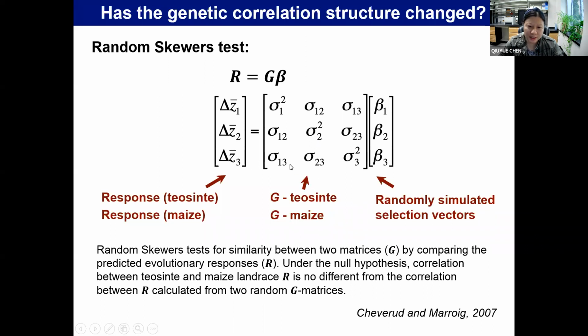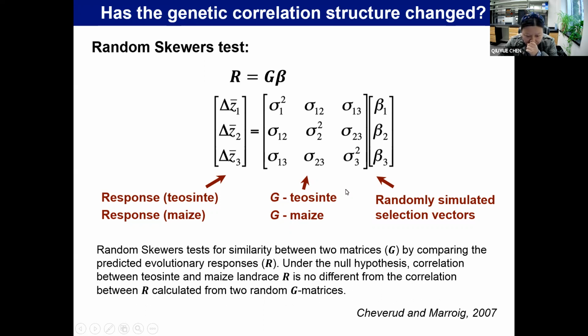By using the multivariate breeder's equation, we ask, has the genetic correlation structure changed between Teosinte and maize? We used a test called the random skewers test to test the similarity between the two G matrices of Teosinte and maize.